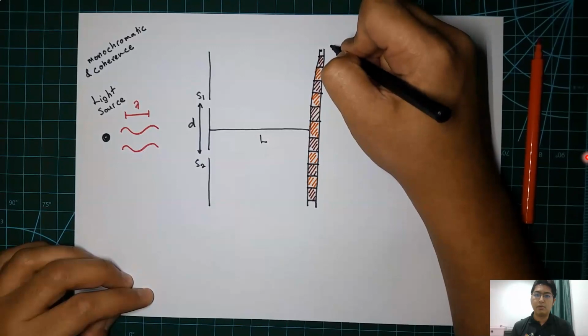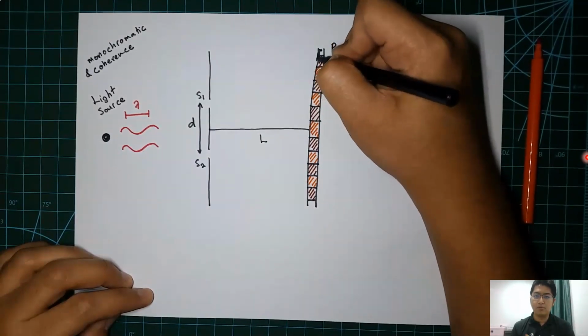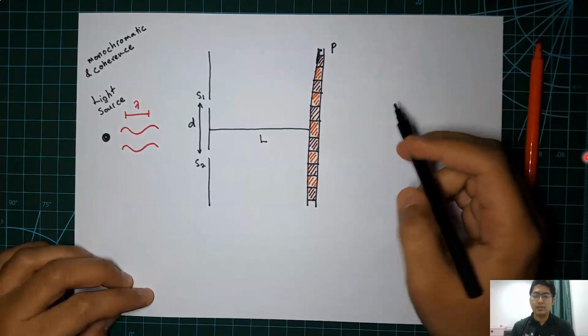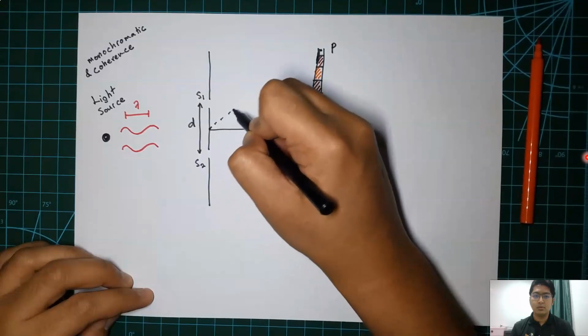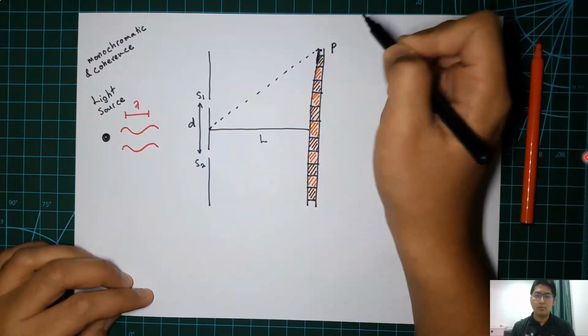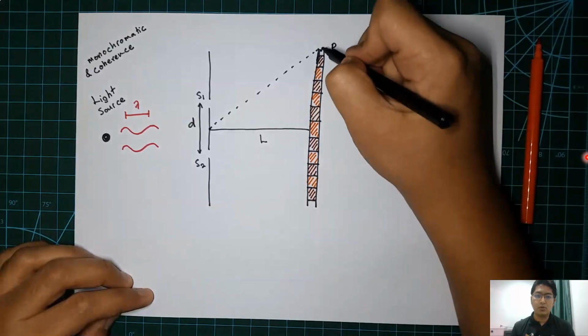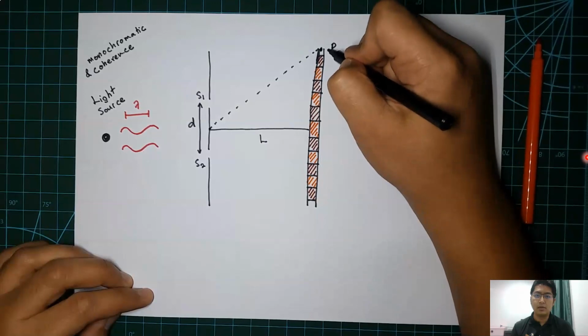So let's say at point P, you want to see what kind of fringe is at point P. You need to draw a line from the middle of the two slits to the point to form a triangle.